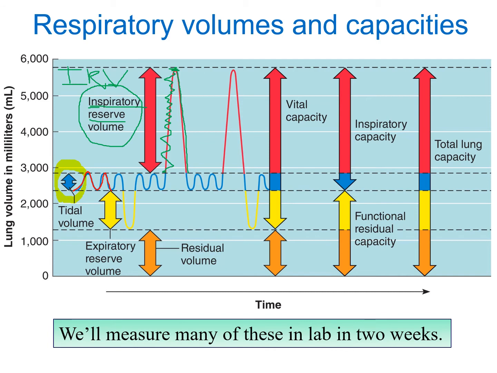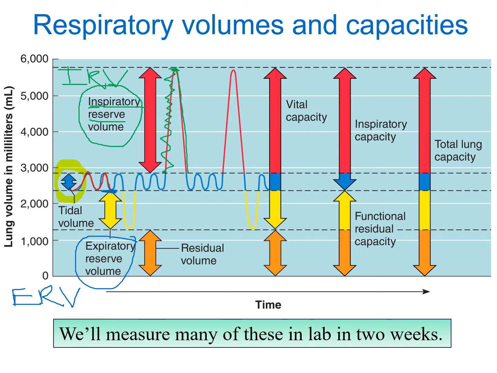We also have what's referred to as the Expiratory Reserve Volume down here, or simply the ERV. This is the amount of air that an individual can forcibly exhale beyond a normal tidal exhalation. Let me say it again: it's the amount of air you can forcibly exhale from your lungs beyond a normal tidal exhalation.